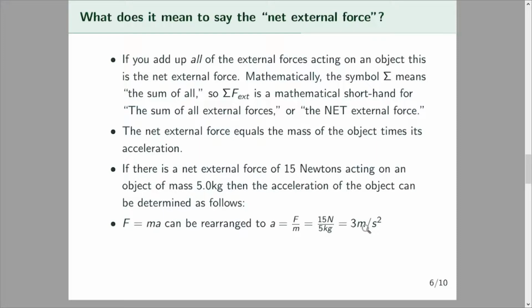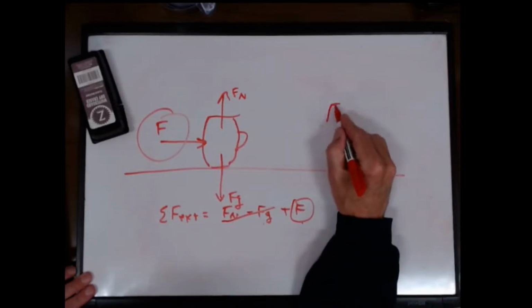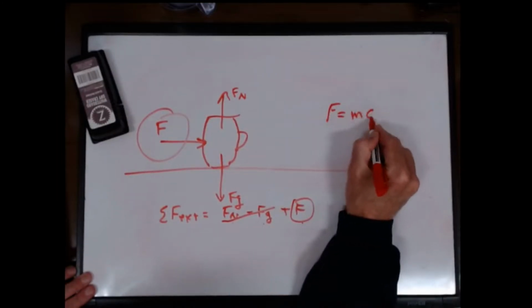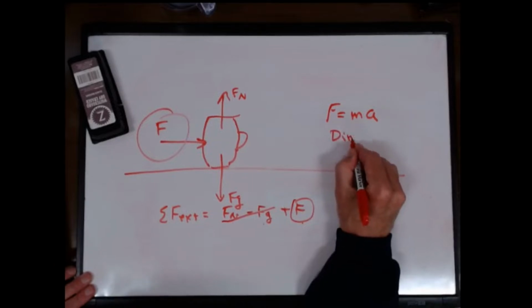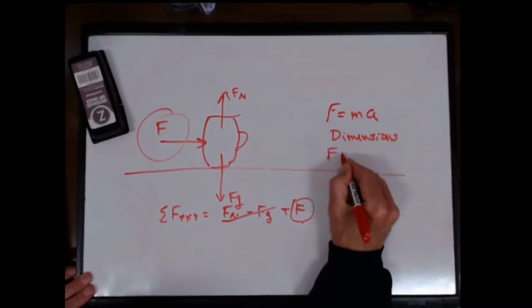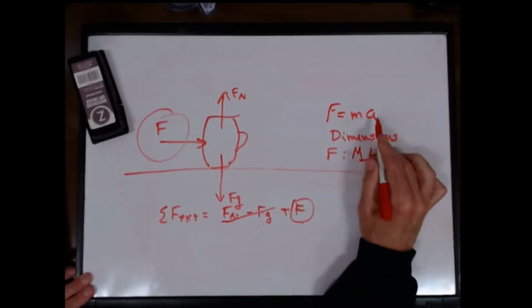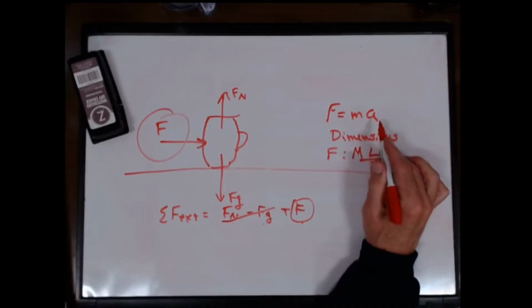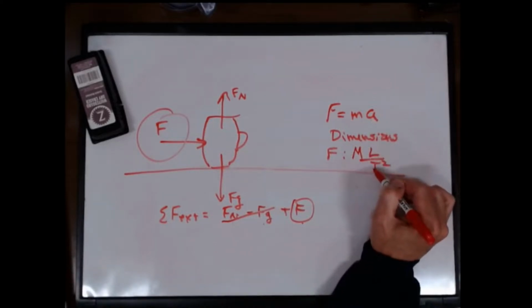Notice, by the way, back to this for a second, right? When I say the force is equal to the mass times the acceleration, if I do dimensions on this, the dimensions of force is mass times length over time squared, right? Because acceleration was length over time squared. Remember we were talking about dimensions? And so force is mass times length over time squared.